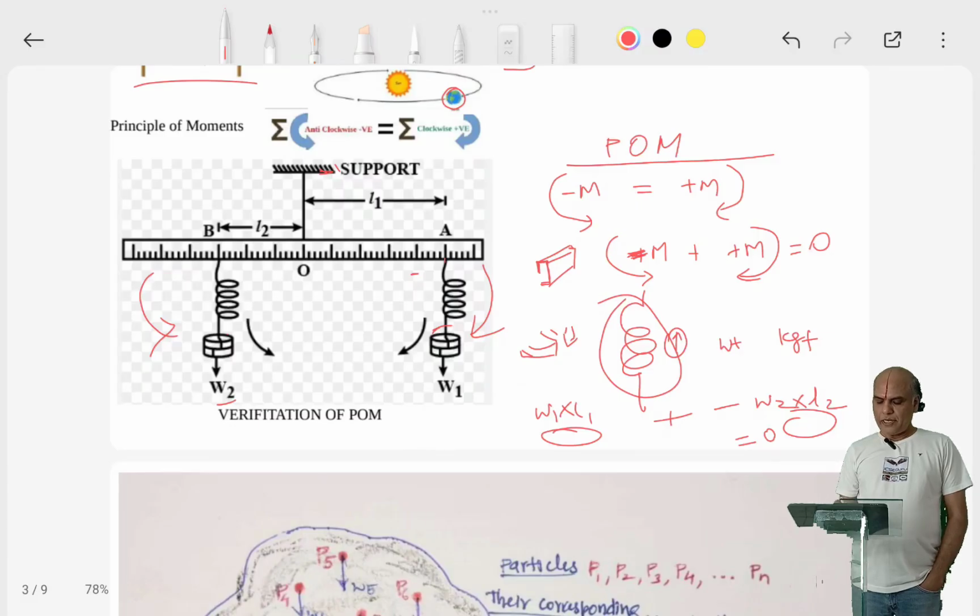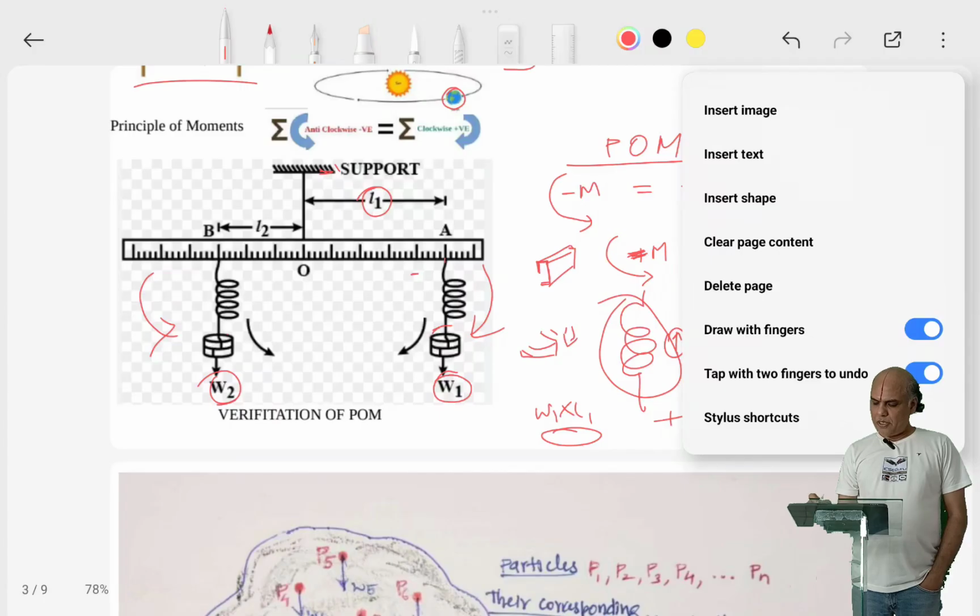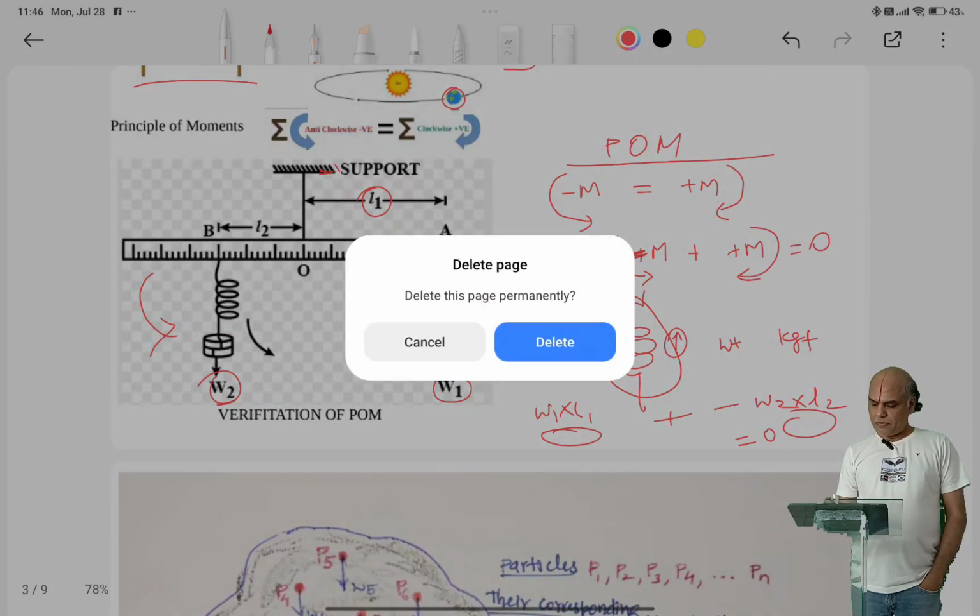So you can take multiple readings considering different W1, different W2 and different L1.